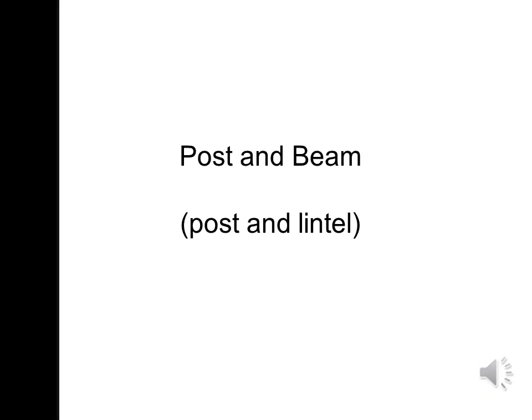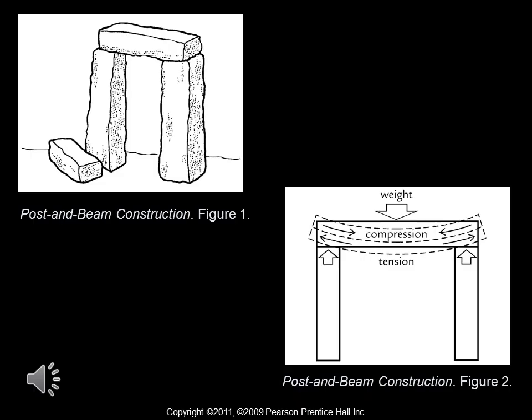The next method is post and beam construction, which is also known as post and lintel construction. Think of it as a more refined and simplified version of what was going on in the dolmen structure that we looked at the beginning of this lesson. In this slide, we have two examples of post and beam construction.